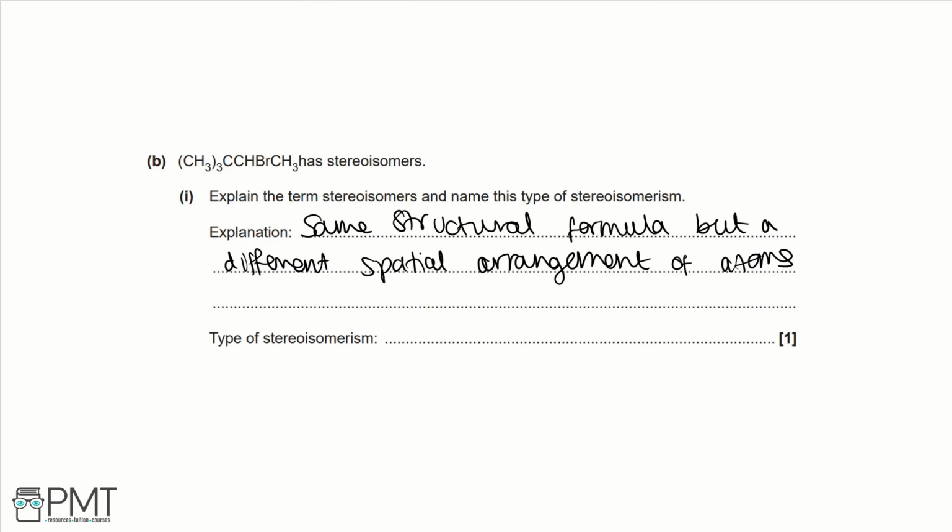So to help us identify the type of stereoisomer in this compound, let's draw it out again. So we have our 2 side groups and the beginning of our carbon chain, our 4 carbon chain lengths, and then our bromine. So the type of stereoisomer here is an optical isomer because we have what's called a chiral carbon center, where we have 4 different functional groups attached to a carbon.